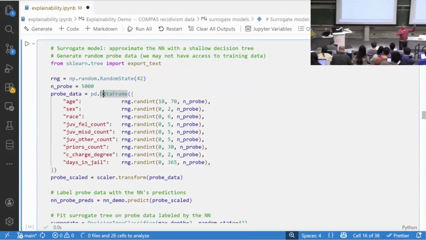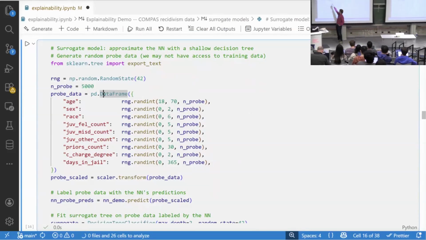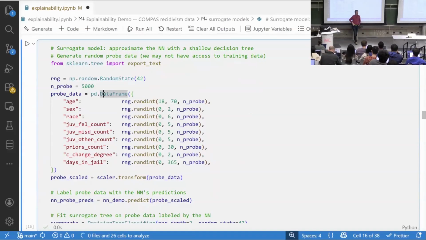I'm just trying to learn what the original model has learned. So I'm sampling random points in the input space, feeding them to the original model, and training a surrogate model on this. This, by the way, really doesn't work in this example because random data in this space doesn't really get me realistic humans. I have very few samples, if I just randomly sample, that are realistic.